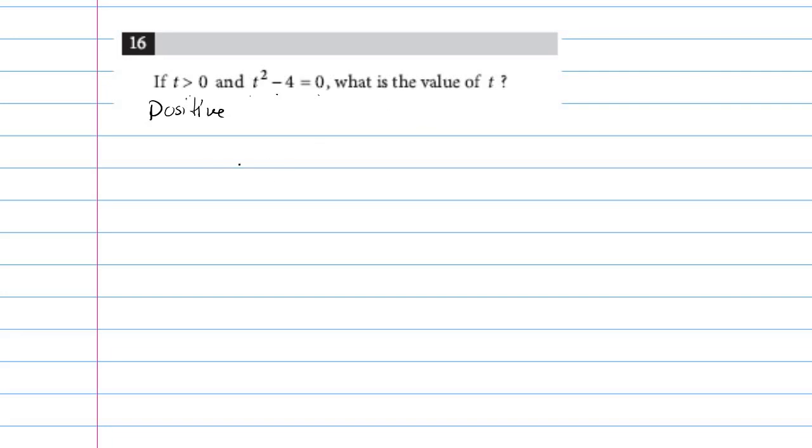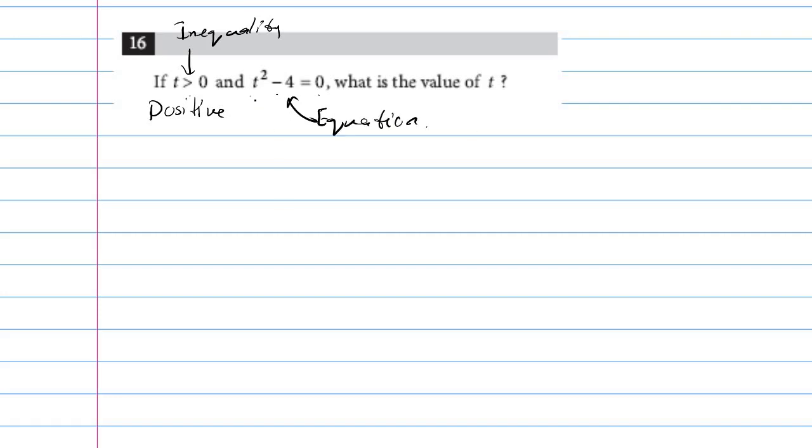Okay, so first of all, think about this. Whenever you are asked to find some t value and you are given equations and inequalities, this is an inequality, right? And this is an equation.